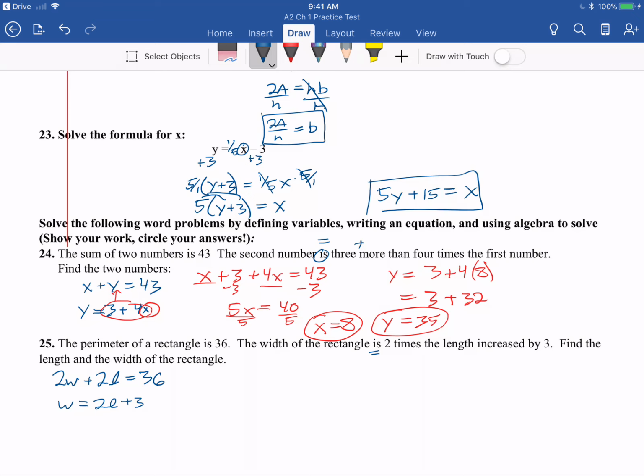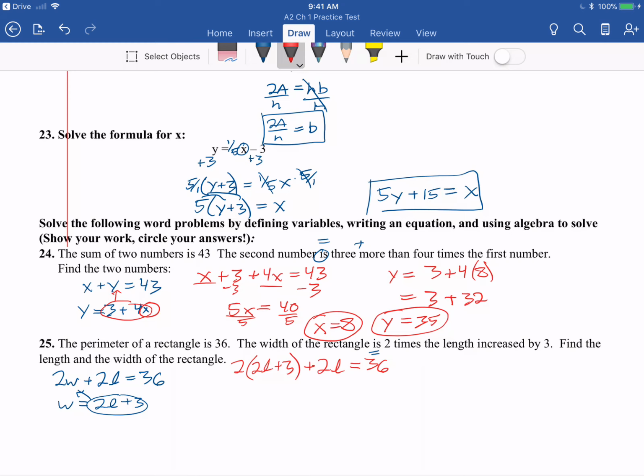I can just plug them in and see what we got. So 2l plus 3. Now I'm going to plug that in for my w. I'm going to change colors here. I get 2 times, instead of writing w, I'm going to write 2l plus 3, because that's equal to my w, plus 2l is equal to 36.